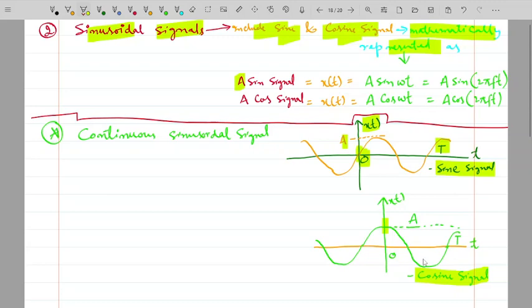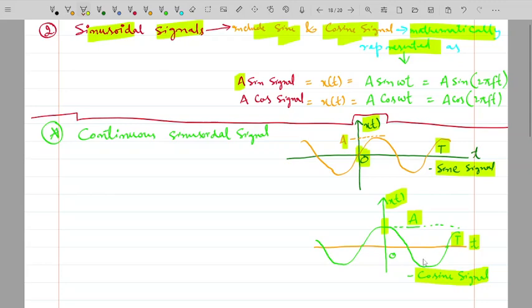The cosine wave increases continuously with t number of cycles with respect to time t, the signal is x of t, and it also has the amplitude A. So these are the sine and cosine wave signals.